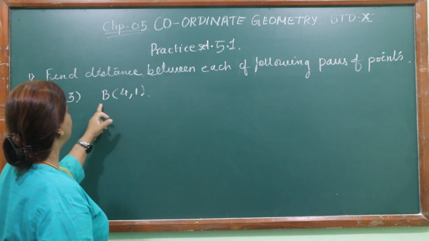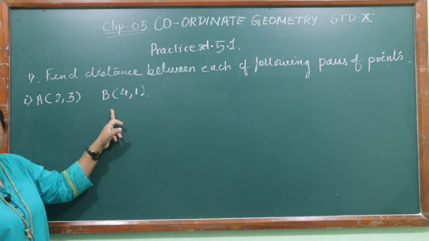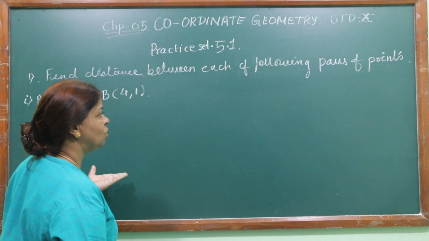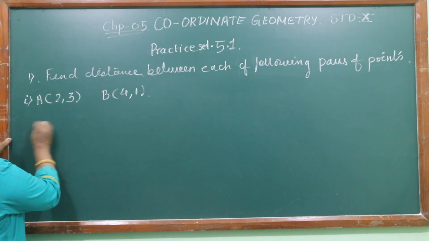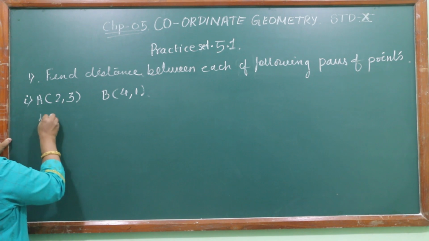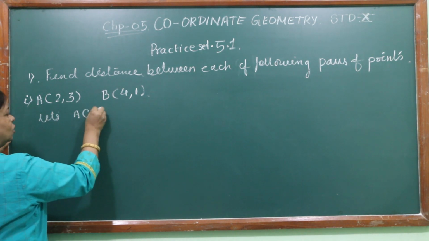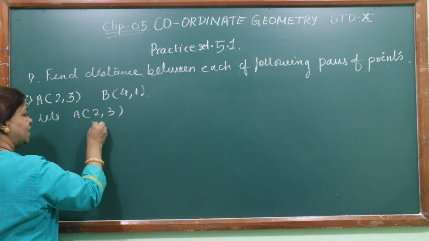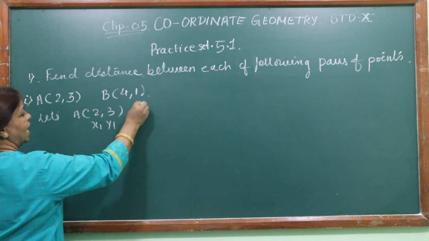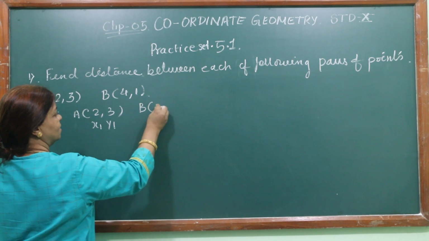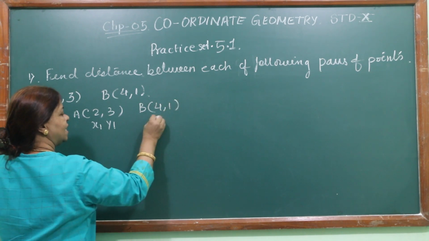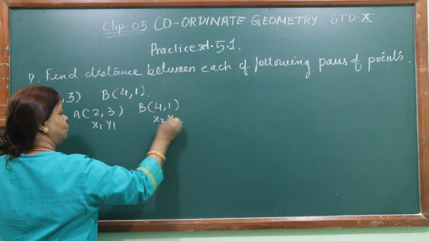We want to find out the distance between AB. So by making use of distance formula, children, let's assume A 2, 3 as x1, y1 and B as 4, 1 as x2, y2.